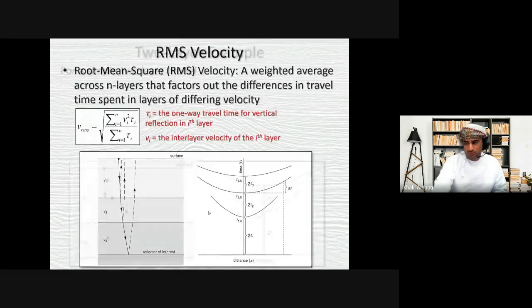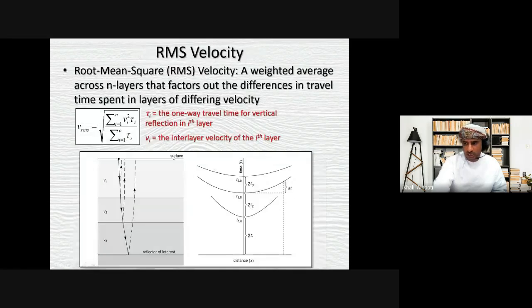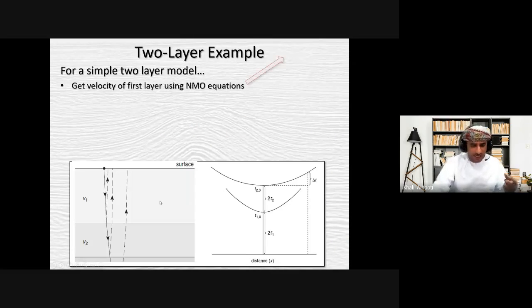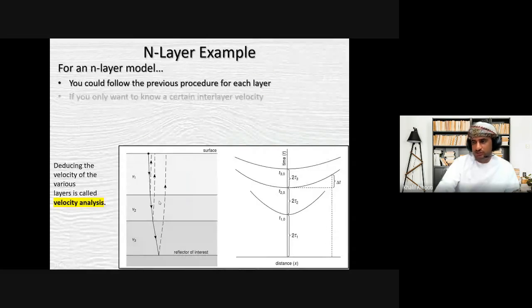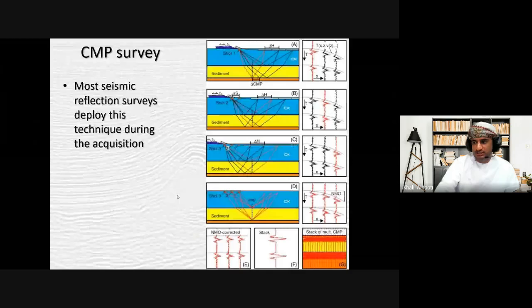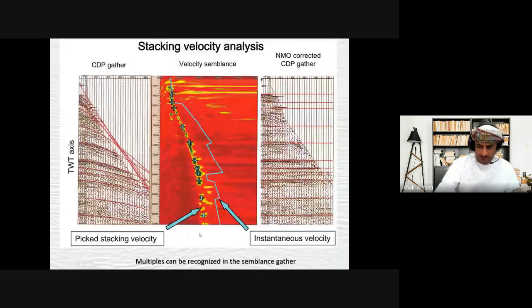And we'll work in your assignment. You work out how to get the thickness and velocity of each layer for the multiple layer case. Then we talk about another thing. We'll have another assignment. They are very short. You will do something called velocity analysis, something similar to this.